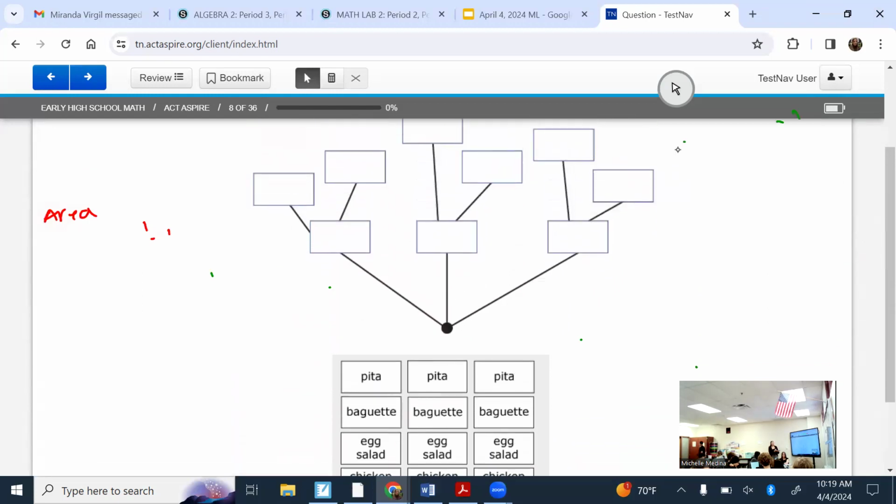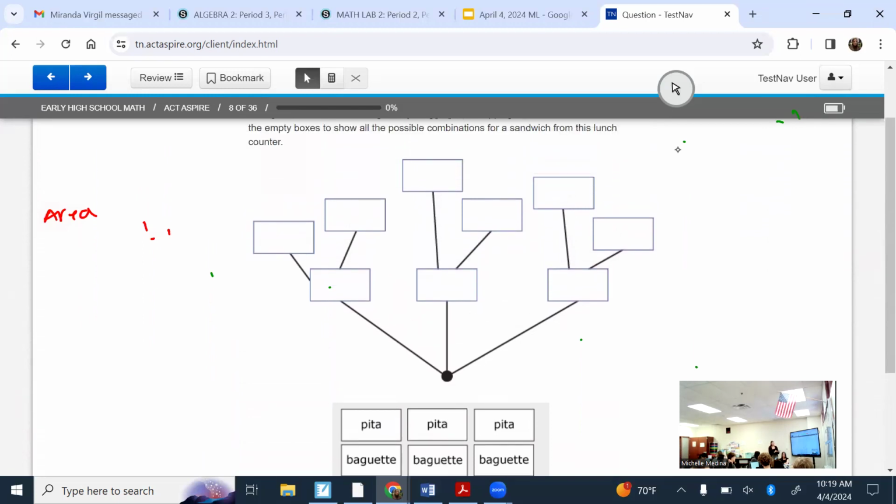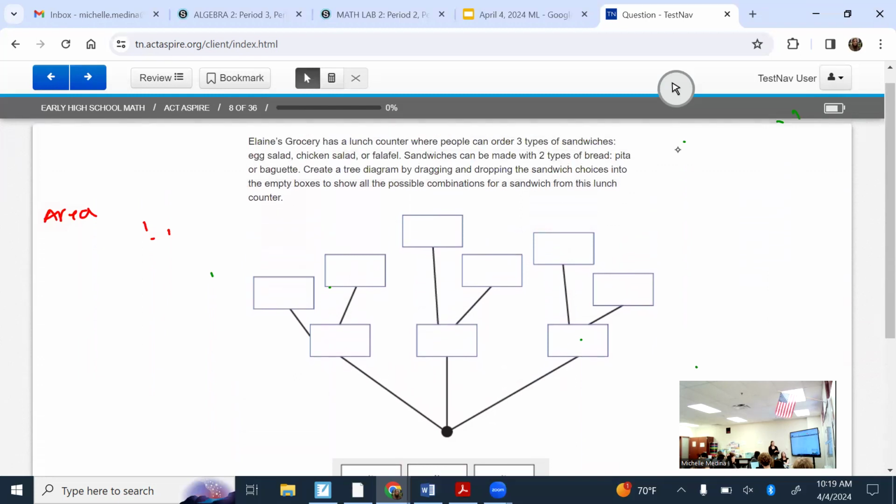If I want to make a tree diagram that shows all of my options, what are my major options that I should have 3 of? Because the way it works, we have our main branches. What group is 3, John?